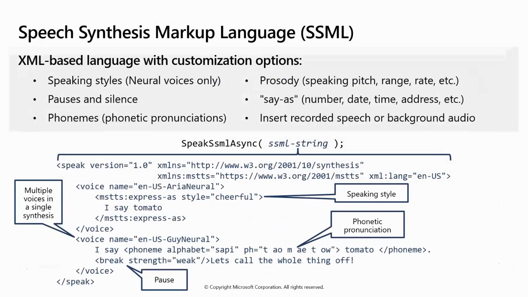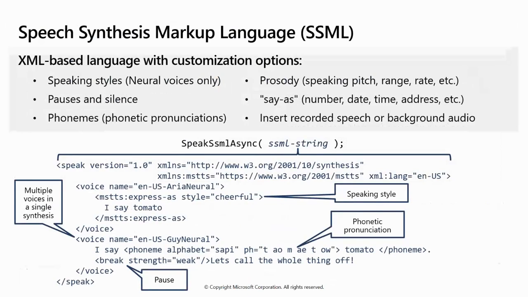And we can use common say-as rules, for example, to specify that a given string should be expressed as a date or a time, a telephone number, or another form. And we can insert recorded speech or audio, for example, to include a standard recorded message or simulate background noises.